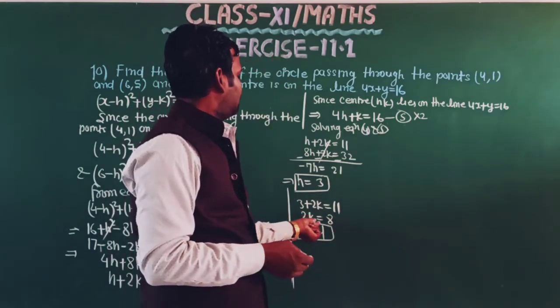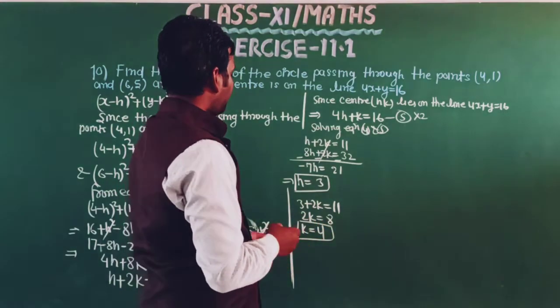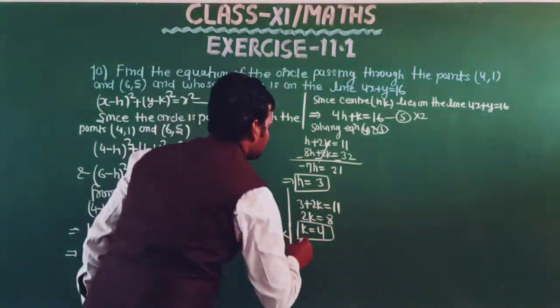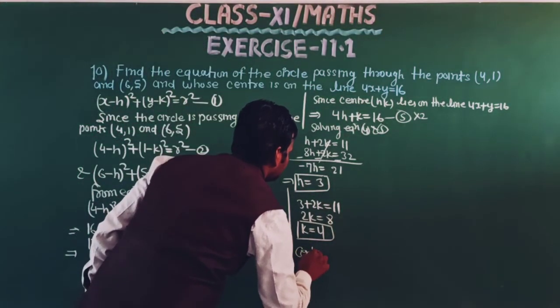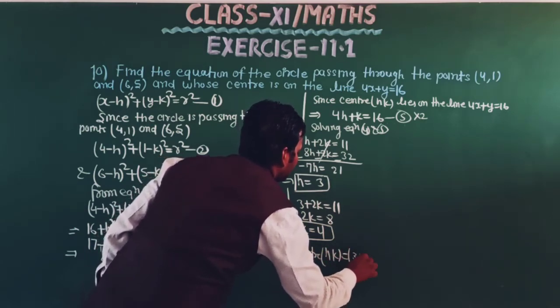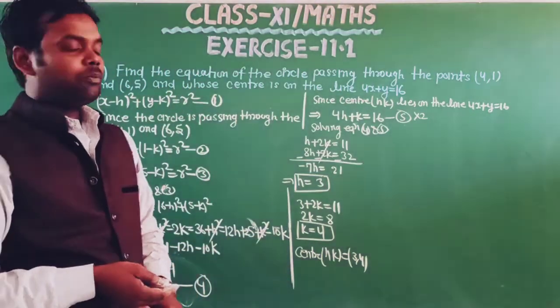So the center of the circle (h, k) is (3, 4).